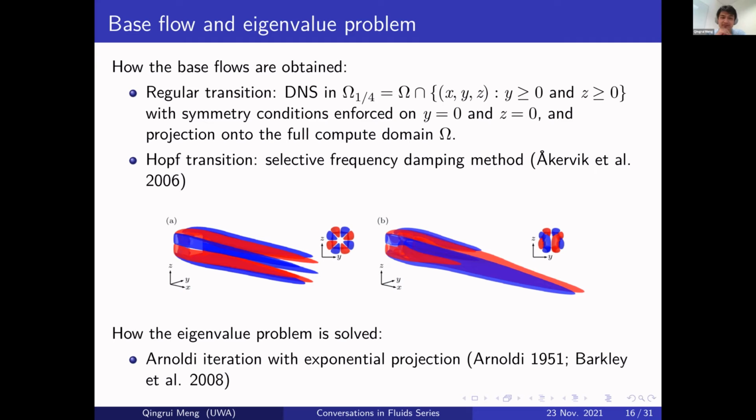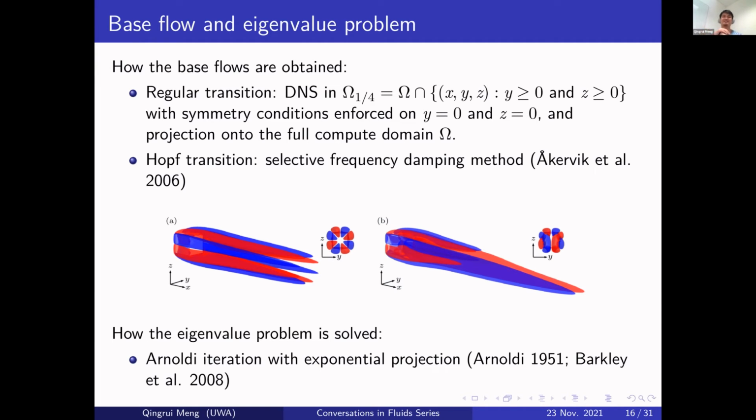For the Hopf transition, we use the selective frequency damping method. The eigenvalue problem is solved with the Arnoldi iteration with exponential projection. In such a way, the most leading eigenvalue is the one with the largest real part.